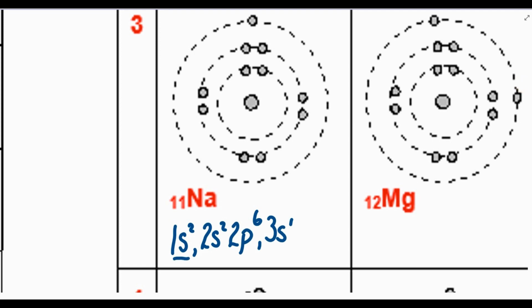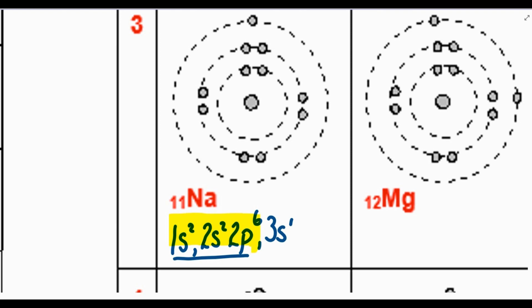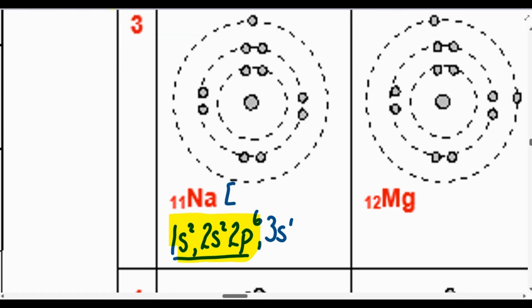Now this gets rather tedious. These inner electrons are the same every time. What we could write is an abbreviated notation. We would say this part here, that's the same as neon. We could write it as simply this. We could say neon's 10 electrons, we'll put that in square braces, and then say 3s1.